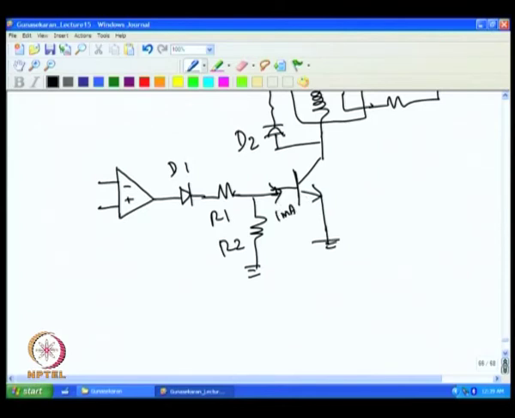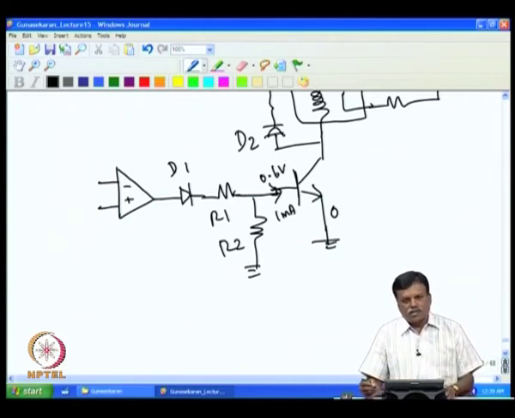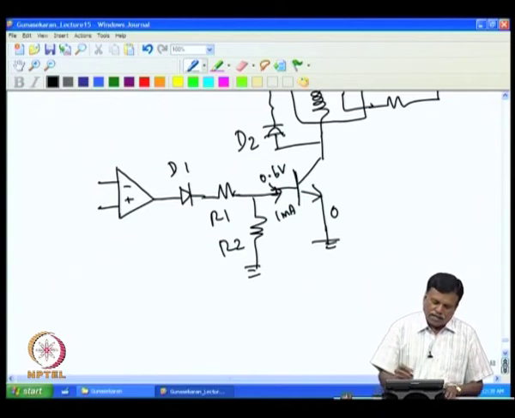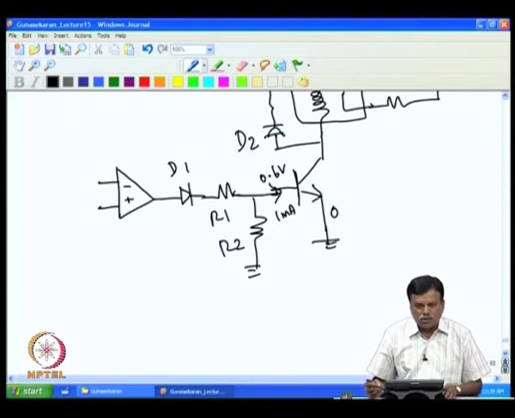That means if it is 1 milliampere, and we know when the transistor is on, this voltage is 0 volt, we grounded, and this will go to 0.6 volt. So, if this is 0.6 volt and the current is 1 milliampere flowing through that, then we know this resistance R2 is used only to discharge.